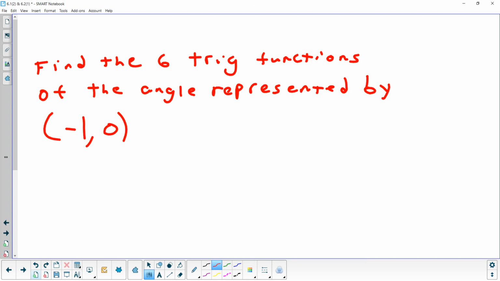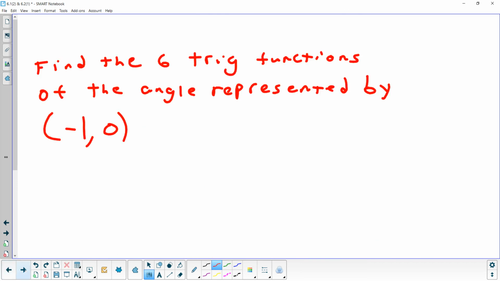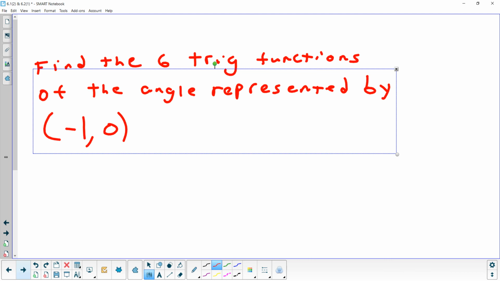That's actually an easier problem because I'm giving you the coordinate right away. I'm not giving you an angle which then you have to figure out the coordinate from. I started you off with the x and the y values right away. So if they start you with a coordinate right away, you can just go right to the formulas. You don't even have to figure out the coordinate.